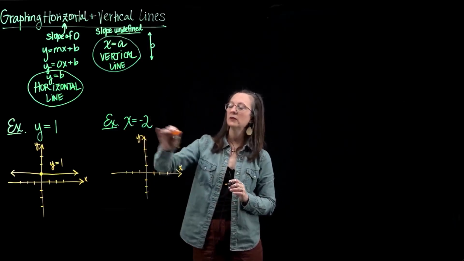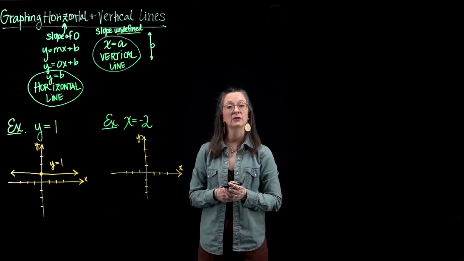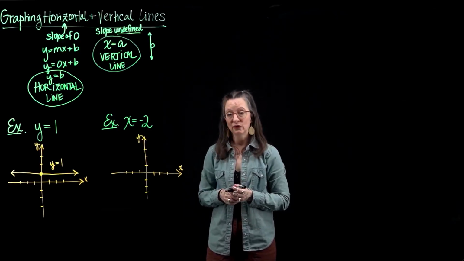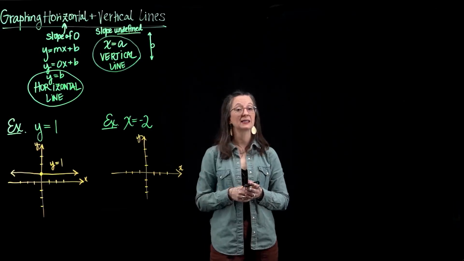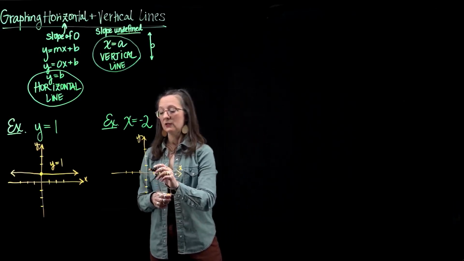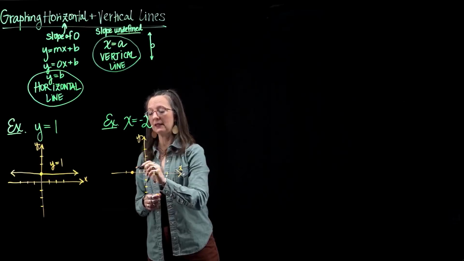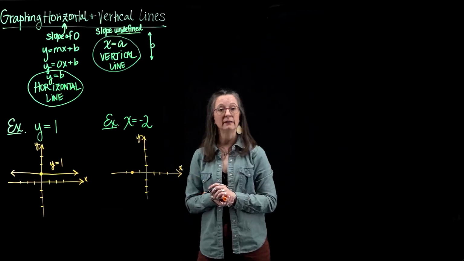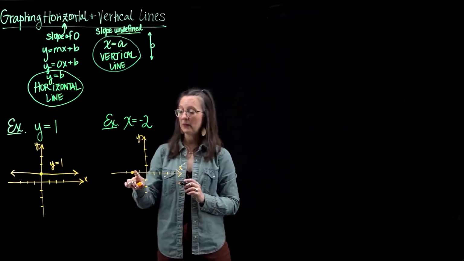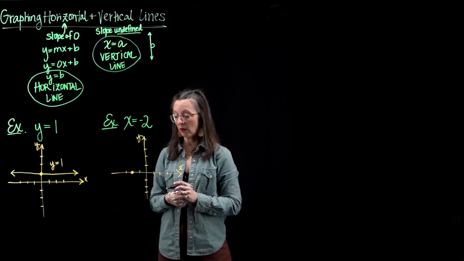We want the line x equals -2. We know this is a vertical line because it's x equals. So we want to start at the point where it's going to intersect the x-axis at -2, which would be the point (-2, 0).